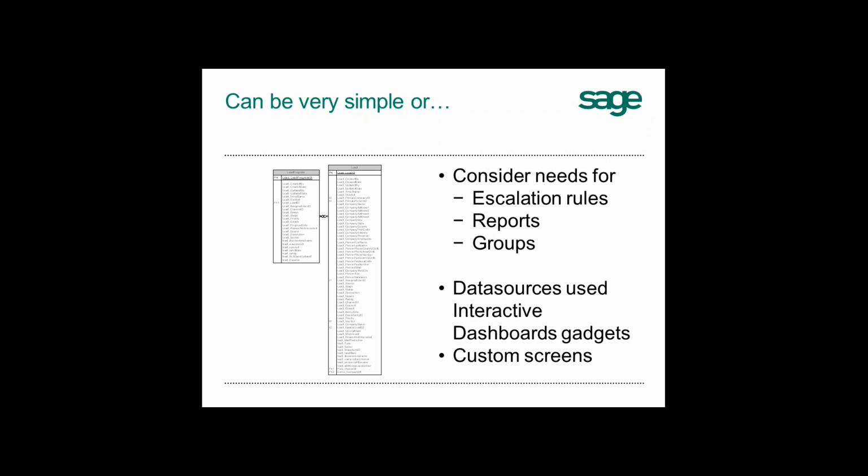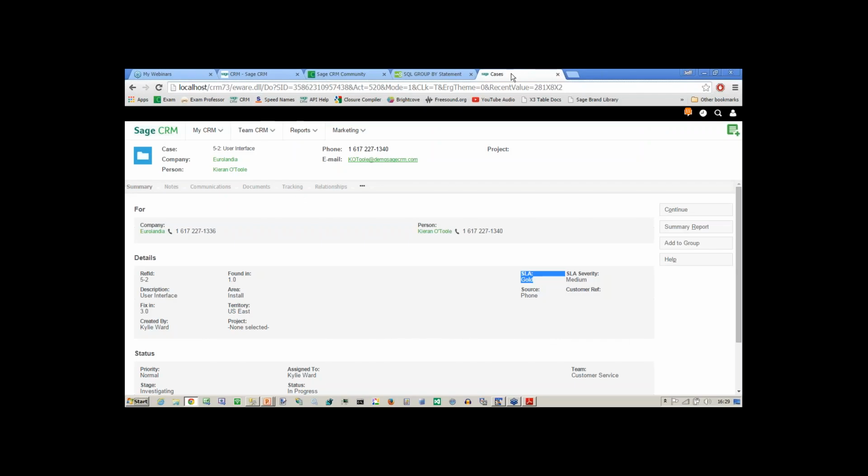We can be as complex as we like, but it's not about complex views or simplicity. It's about appropriateness, and we need to know what we need for escalation, reports and groups. So familiarity with data is the key thing, and being clear about the question that we're asking is also a valuable precursor to defining our view.